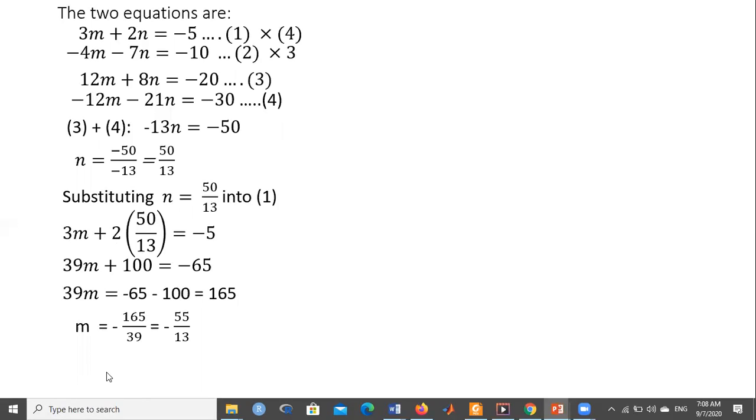So what happened that way, we are now going to get 39m plus 100 equal to negative 65. 3 times 13, 39. 13 goes into 13, leaving 2 times 50, which is 100. Minus 5 times 13 is minus 65.